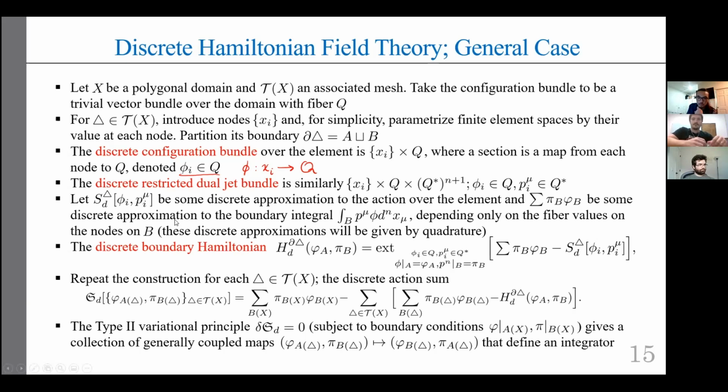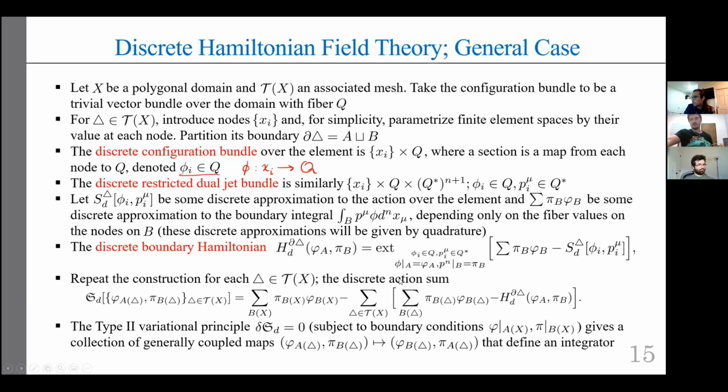And even if you can solve them exactly, it's not necessarily computationally efficient to do so. So you introduce quadrature rules to numerically approximate the integrals. We're allowing for the most general possible setup. But anyways, we're going to take all the objects of the continuum theory, discretize them appropriately, and then enforce the variational principle. What we'll get at the end of the day is our class of integrators. That's the roadmap that we're headed for.